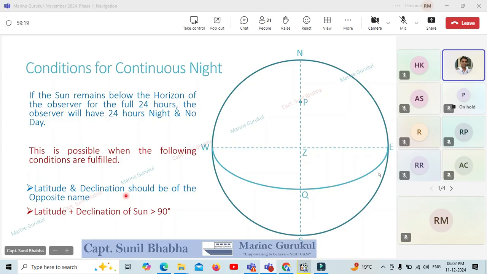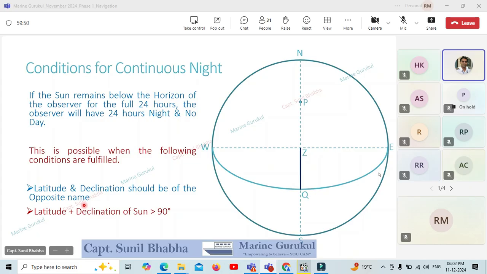And the second condition is that latitude plus declination of the sun should be greater than 90 degrees. So these are very similar to the circumpolar conditions, only difference being in circumpolar the latitude and declination should be of the same name, and in a 24 hours night scenario or continuous night scenario, the latitude and declination should be of the opposite names.